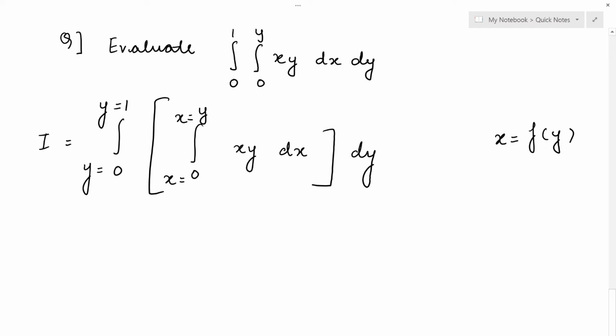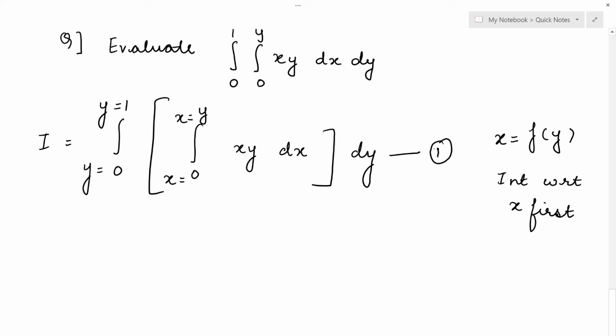So the inner limits will be for x, and we integrate with respect to x first. This is what we have seen in the explanation. Then since x is taken up, the outer limits will be for y, and we integrate with y later on. You can solve it directly also, but since it is the first sum, I'll do two integrations.